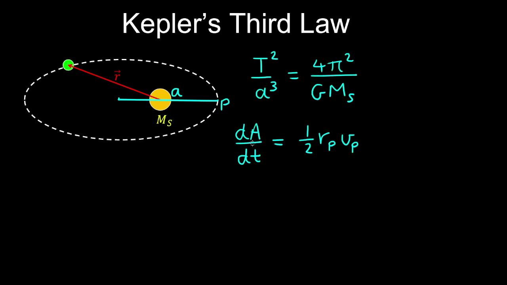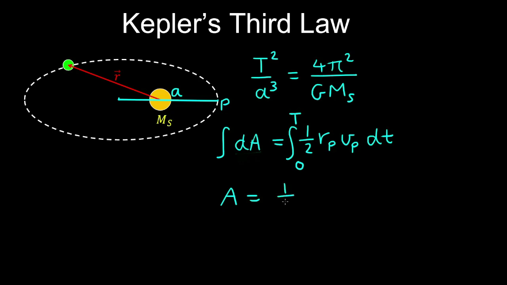And if we separate the variables and integrate both sides from time 0 to the period of the orbit, we get the total area of the ellipse being related to the period. So we have 1/2 by T by rp by vp.